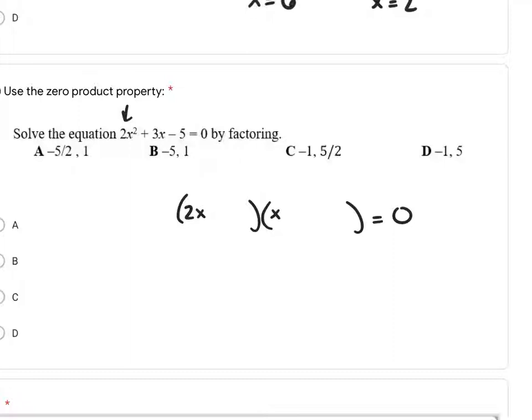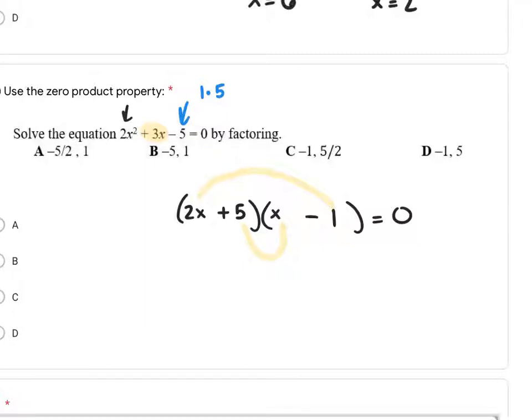So now I'm still looking for factors of 5, so 1 and 5 are the only options, but it needs to be a negative 5, so one needs to be positive and one needs to be negative, and I have to set them up just right so that when I use the FOIL method, that is, I call it the smiley face method here, those two orange parts combine together to give me a positive 3. And the correct combination on this is a minus 1 there and a plus 5 there.